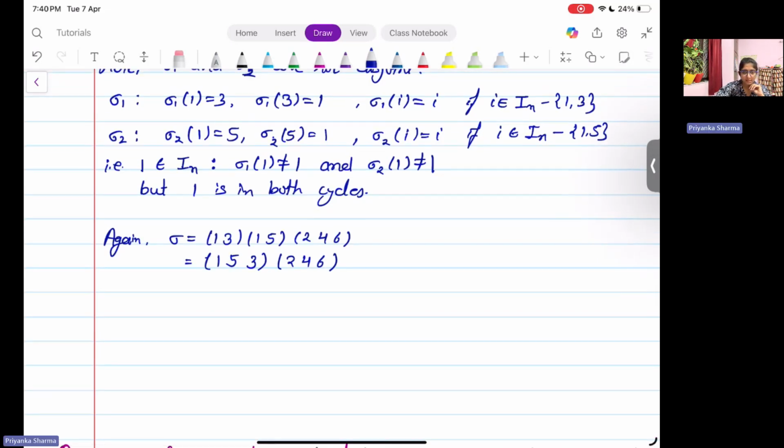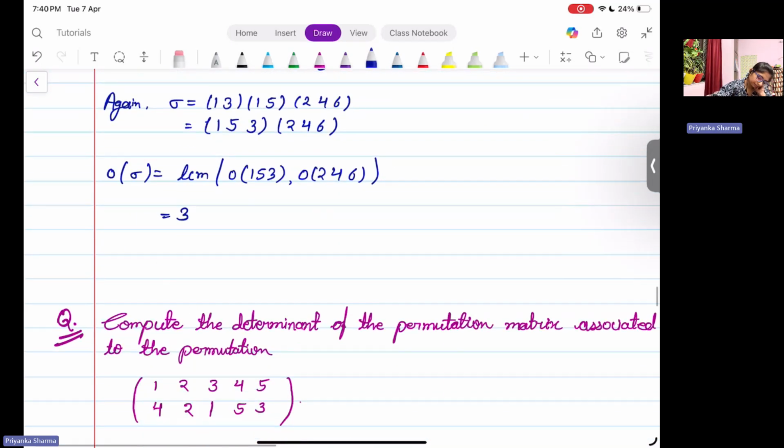Now this is a cycle decomposition form for the permutation sigma. So we can say the order of sigma is the order of (1 5 3) and the order of (2 4 6). So this will be 3.